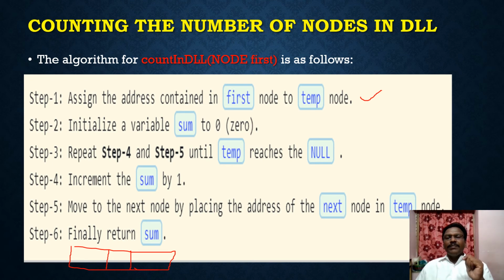It means every iteration, the sum value is increased. In the same way, move to the next node by placing the address of the next node in temp. It means every time the node is changed. Finally, return sum. Every time the sum increases, and after the last execution, the sum value is the number of iterations. That is the number of nodes.